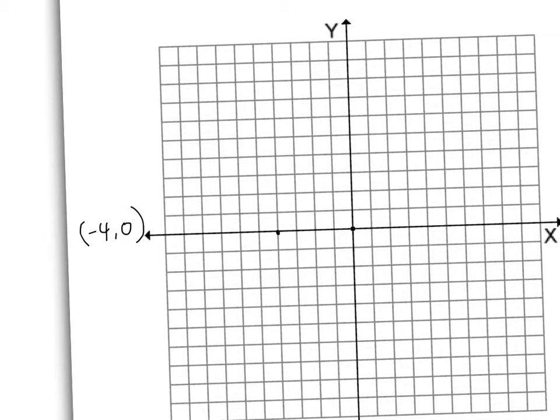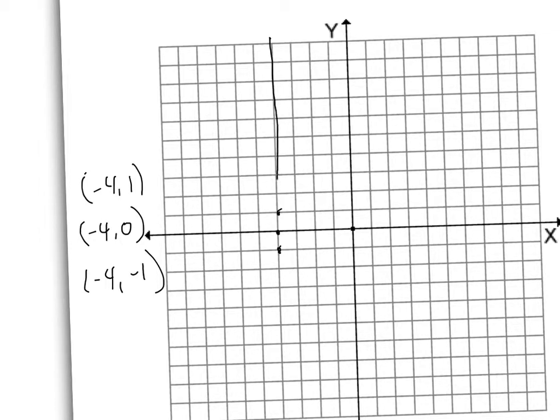Well, let's look at some other ordered pairs with x values of negative 4. You could go 1 up and get (-4, 1). Or you could go down 1 and get an x value of negative 4 and a y value of negative 1. You see that each of these points has an x value of negative 4.